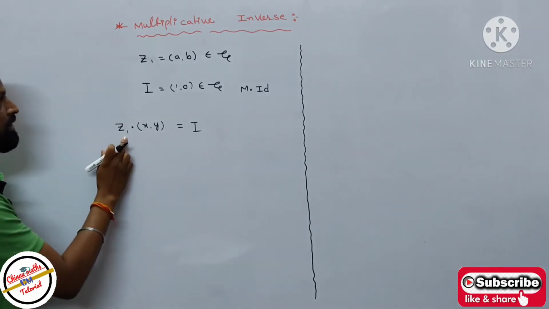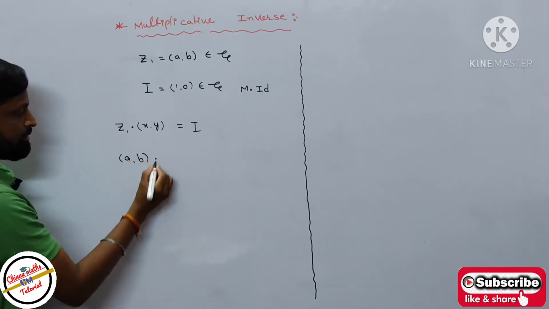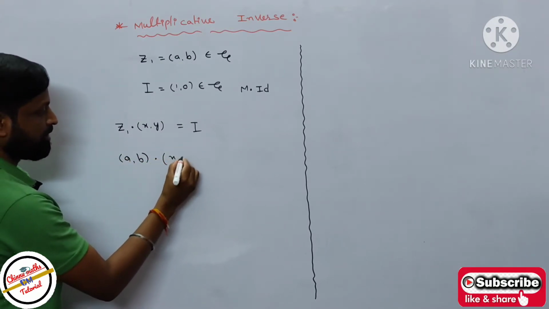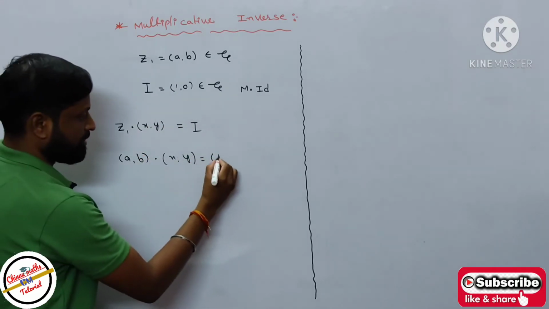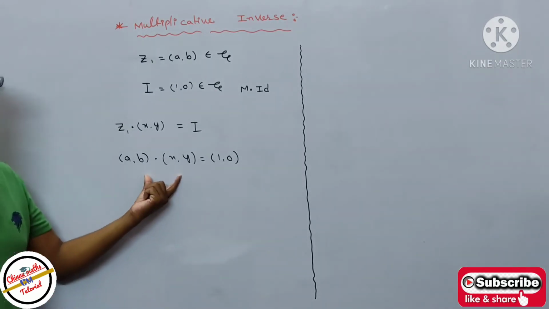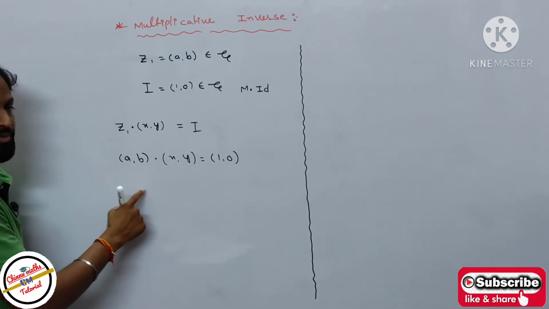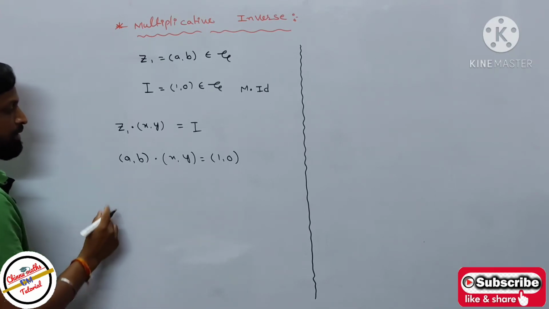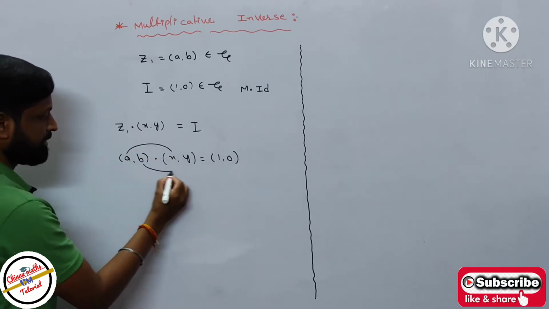Let's see, the complex number Z1 equal to A comma B multiplied by X comma Y equals the multiplicative identity, 1 comma 0. Okay, the product of the two complex numbers: AC minus BD comma AD plus BC.